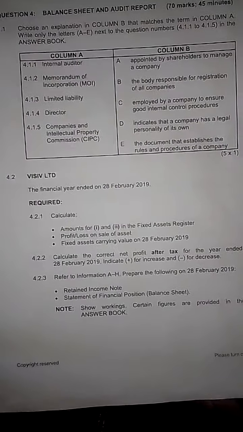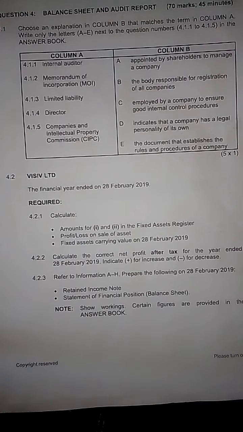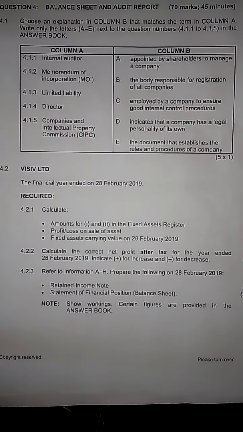Then they said, 4.2.2, calculate the correct net profit after tax for the year ended 28 February 2019. Indicate plus for increase and minus for decrease. Remember, if they say calculate the correct net profit after tax, they are not requiring you to do the full income statement.